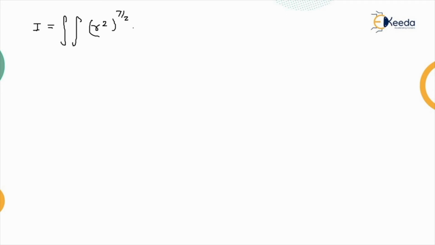And here you need to write out the Jacobian. It's only because you have to change coordinates, Cartesian to polar, Cartesian to circular. So that's why there is a Jacobian you have to mention there, and then d theta and then dr.